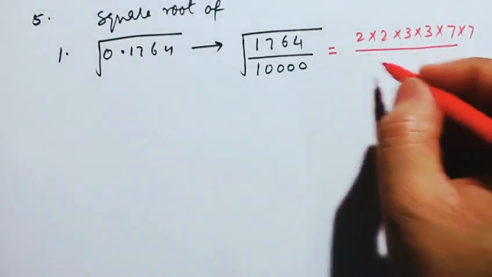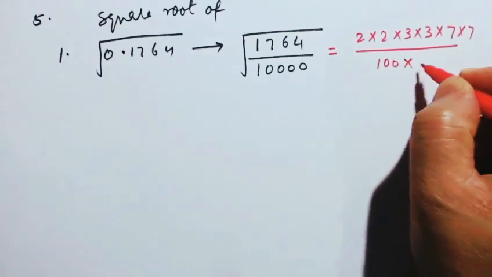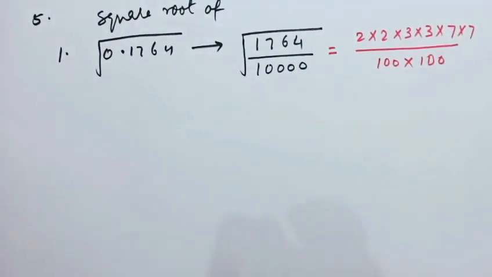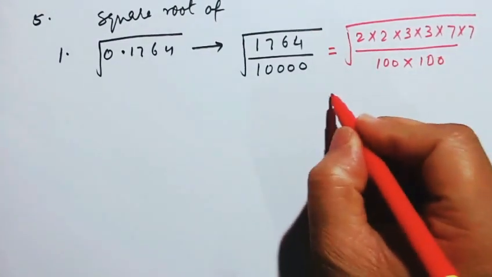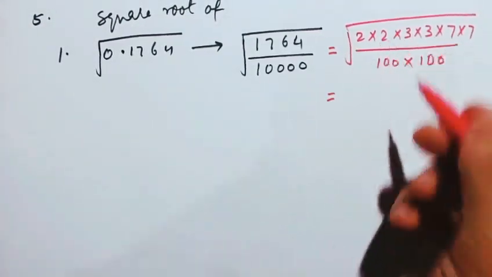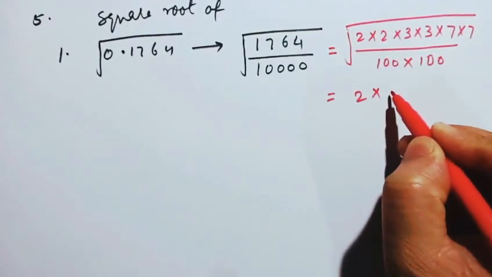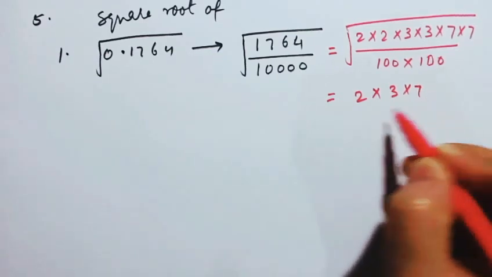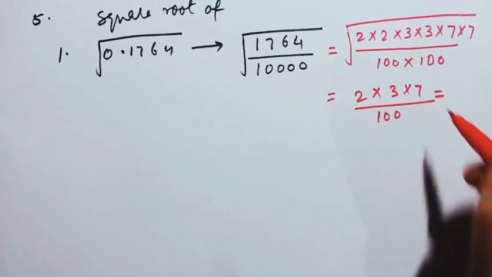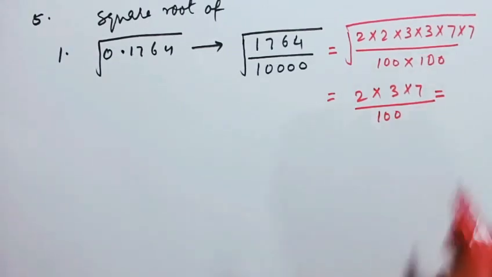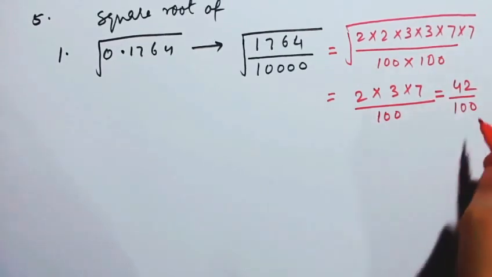And here, of course, you can write it as 10 times 10 times 10 times 10 or 100 into 100, according to our convenience. Now let's solve it. When we are finding the square root, we will take one of the pair. So take 2, 3, 7, and here 100. So my dear, let me see what we get. 7 3s are 21, 2s are 42 by 100, which will give you how much?